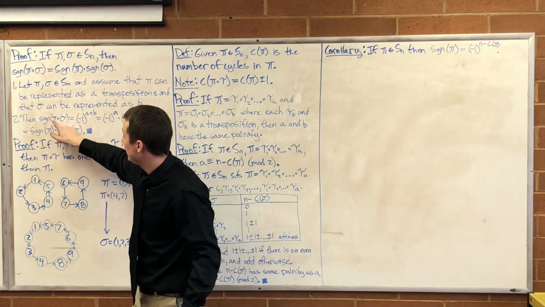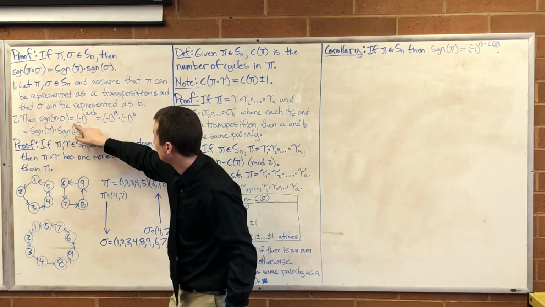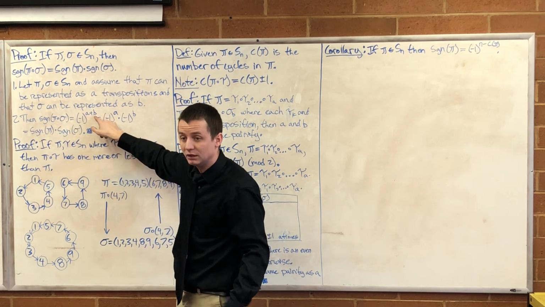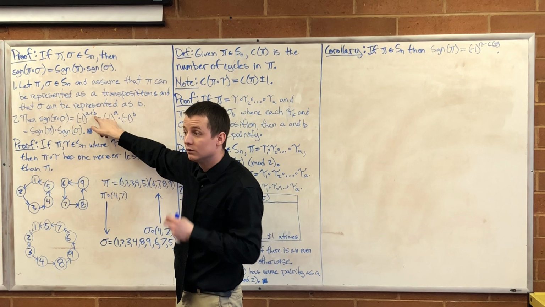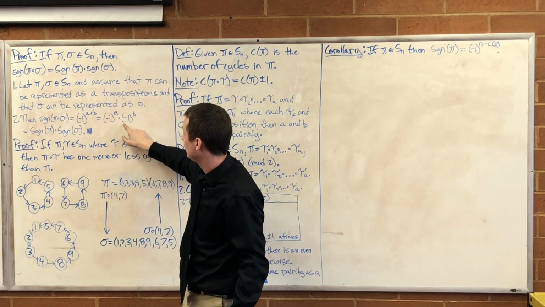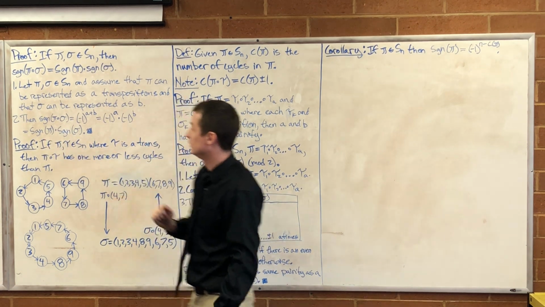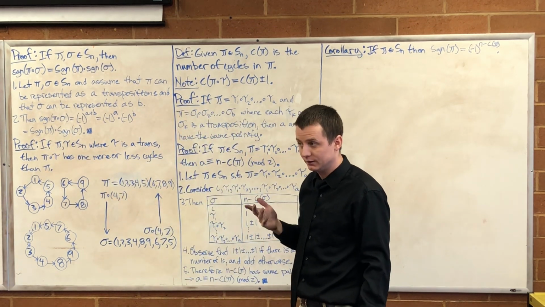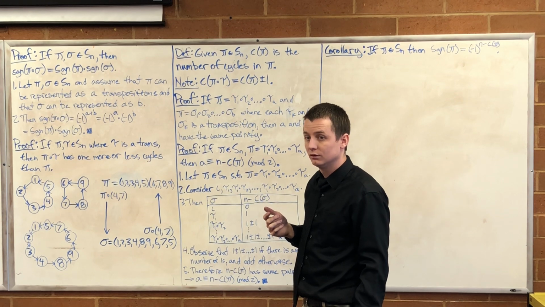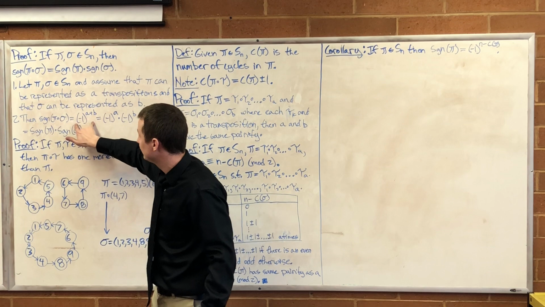Then the sign of pi composed with sigma is equal to -1 to the A plus B, which is equal to -1 to the A times -1 to the B, which is the sign of pi times the sign of sigma. Anything weird there? Why is this equal to this?